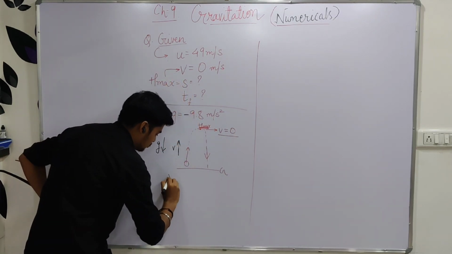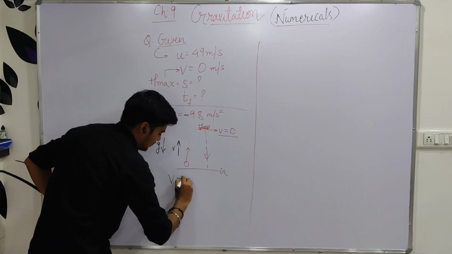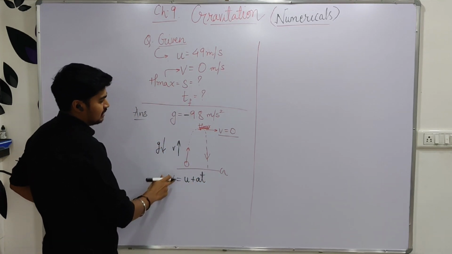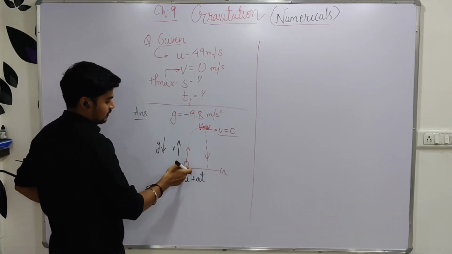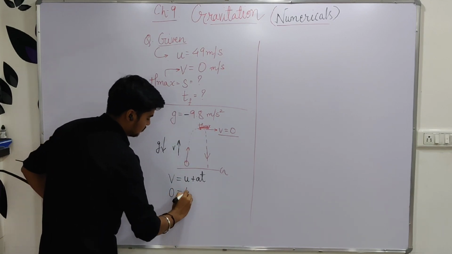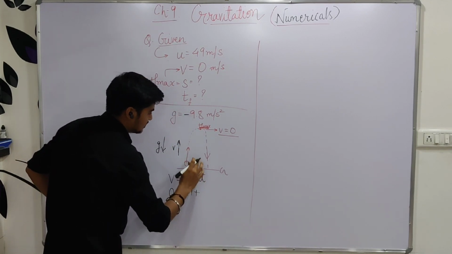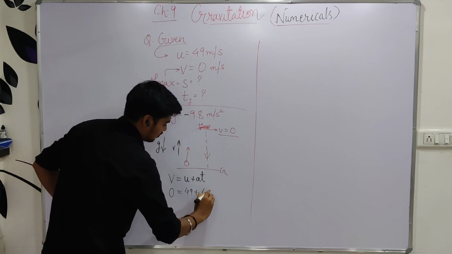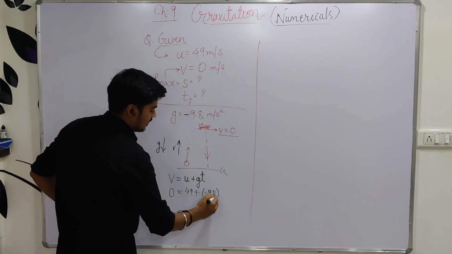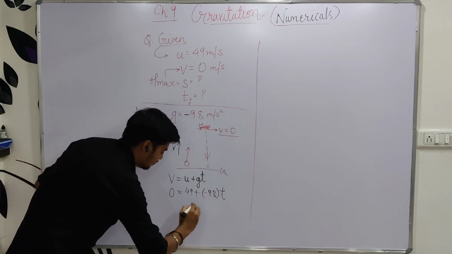For that I will use the formula v is equal to u plus at. Final velocity will be 0 for this particular case. Initial velocity is given as 49. Acceleration we will take as minus 9.8, that will be the gravitational acceleration here, and time we need to calculate.